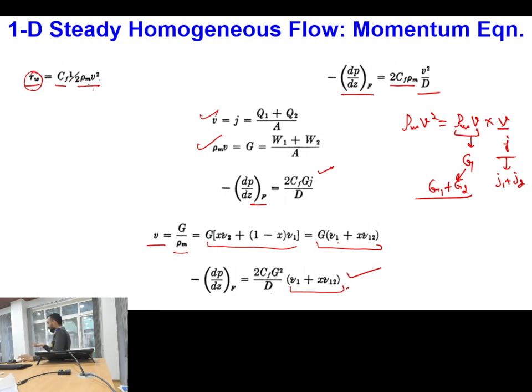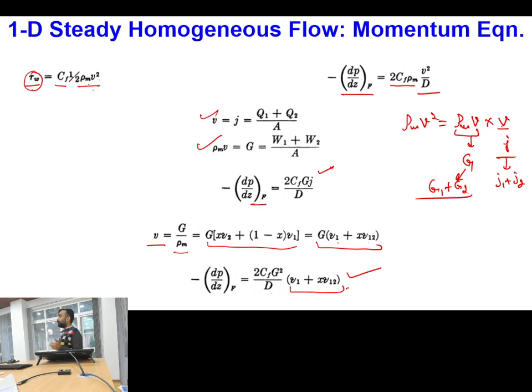It can happen in a system, for example a boiler tube, that at the entry point the mass fraction is 0. When you go further, the mass fraction value slowly starts increasing. Further downstream, it becomes a very large value. So for a very generic system, your mass fraction can change along the length of the pipe.